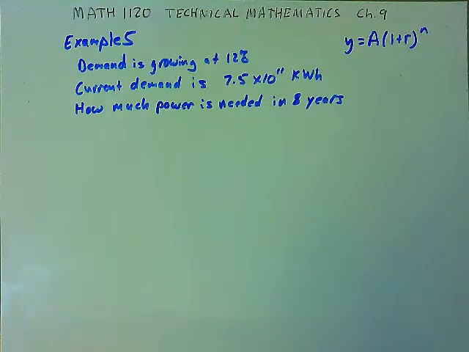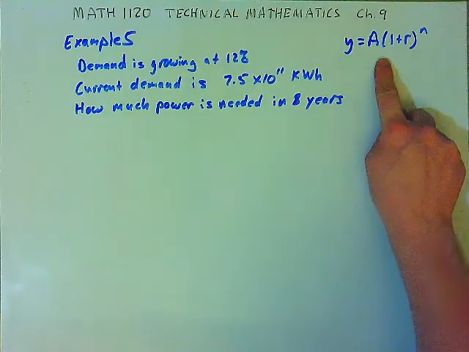During this current year, its customers use 750 billion kilowatt hours, which is 7.5 times 10 to the 11th kilowatt hours of electricity. Assuming no conservation efforts on the part of its customers, how much electrical power is needed in 8 years? So how much power do we need in 8 years if the current demand is 7.5 times 10 to the 11th and we're growing at a rate of 12%?